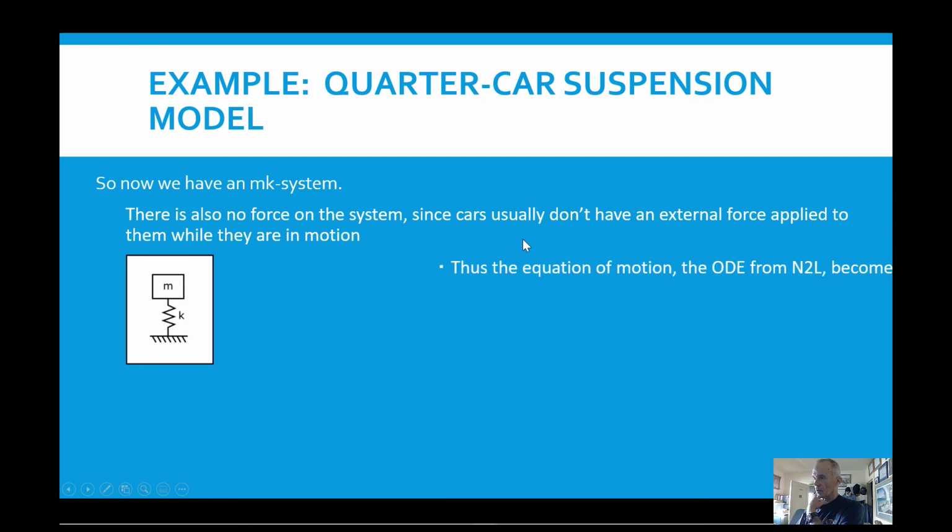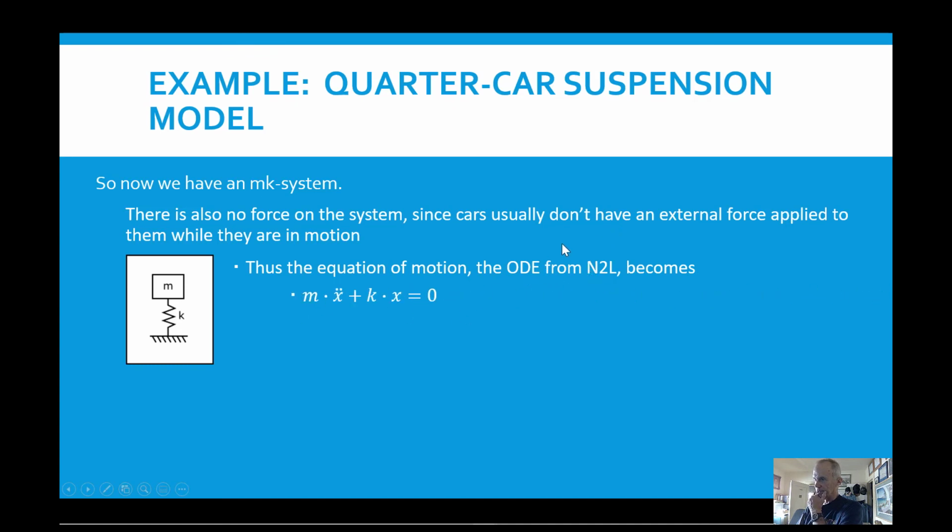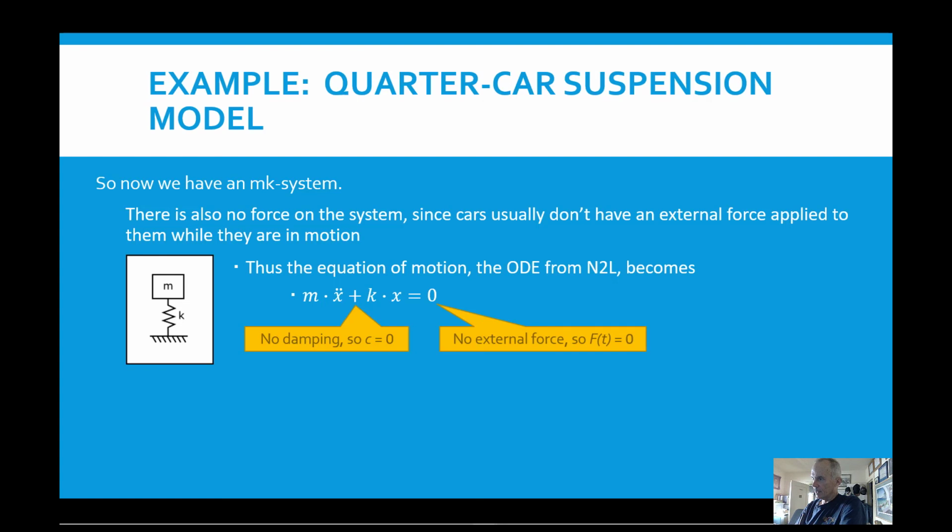That simplifies the equation. So if we apply Newton's second law, N2L, to this MK system here, we get this equation of motion, which is just a simplified version of the equation that I gave before. We have no C. We took the shock absorber away, so C is 0. And then the other thing is, like I said, we have no external force.